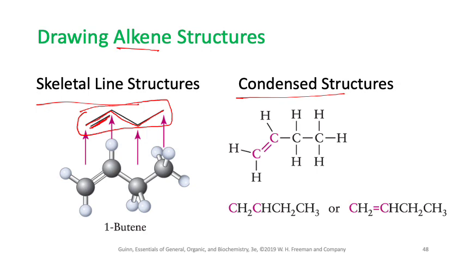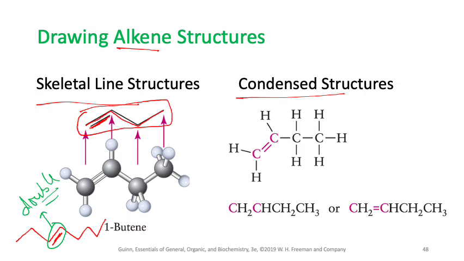For example, if I have something like this, and if I put one more line over here, this line represents a double bond, right? And if you see this kind of bonding, we know this is an alkene molecule.